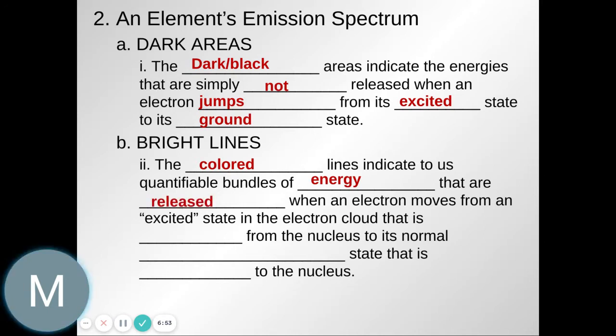Okay, so the quantifiable bundles of energy that are released when electrons move from that excited state in the electron cloud that is farther from the nucleus, so that's where it got its energy, it's way, way far from the nucleus, goes back down to its ground state that's closer to the nucleus.